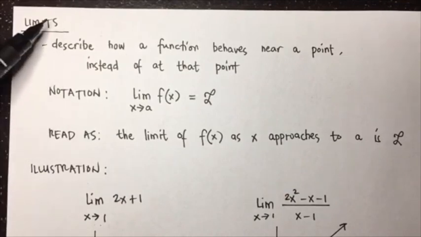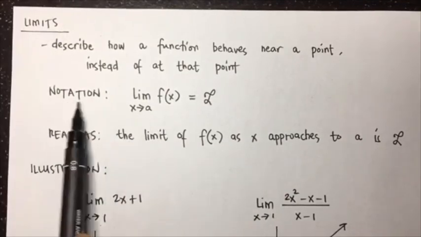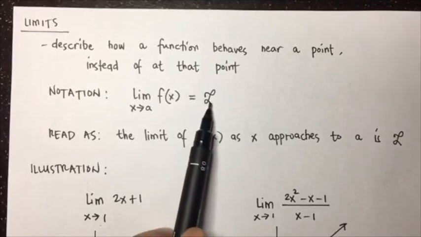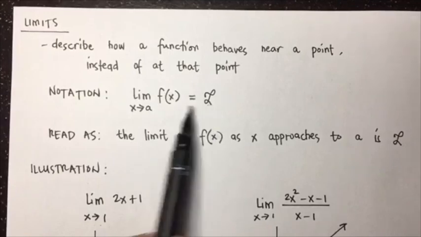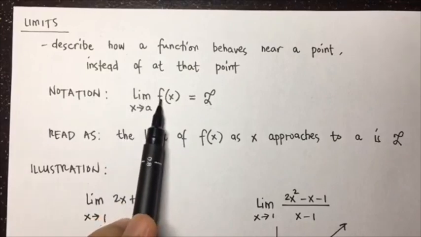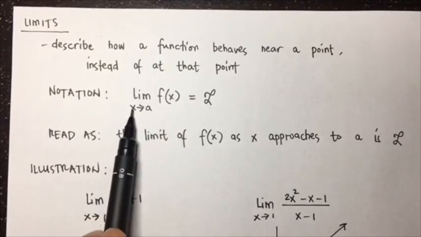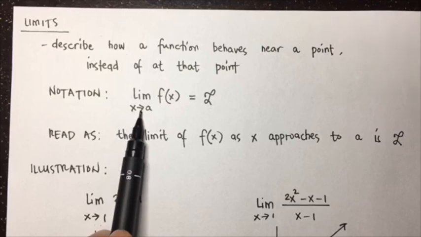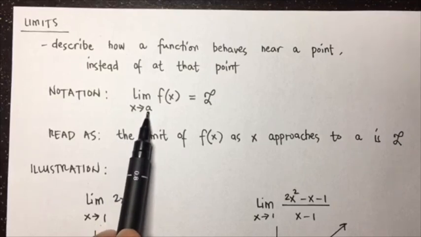For the notation of limits, let's say the value of the limit is L. It is denoted by the limit of the function as the variable approaches a certain value a.